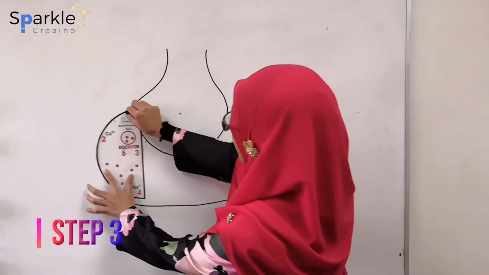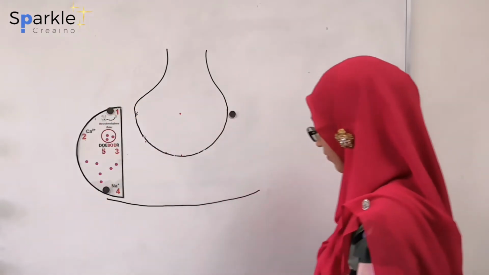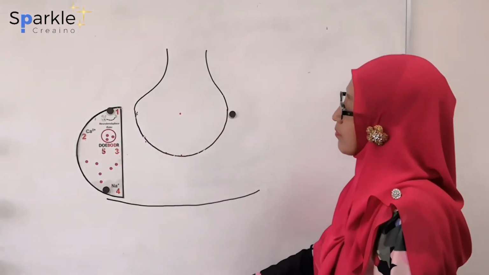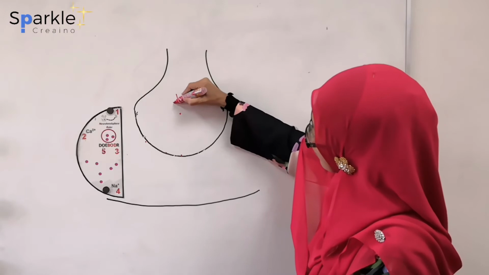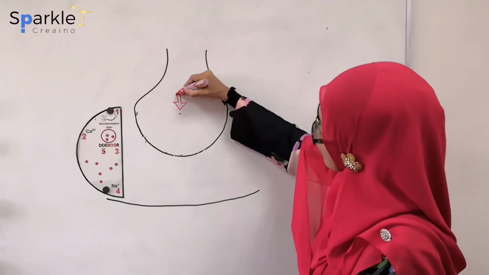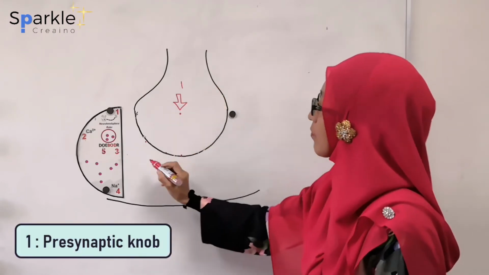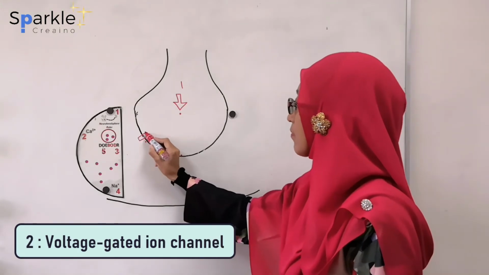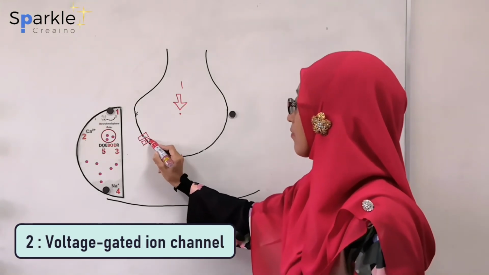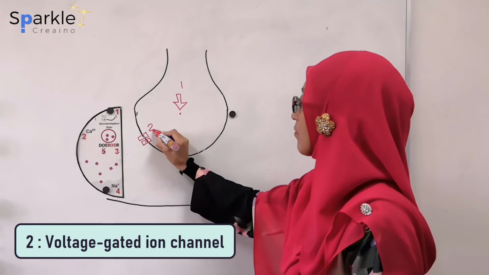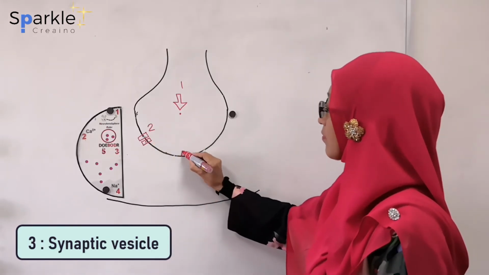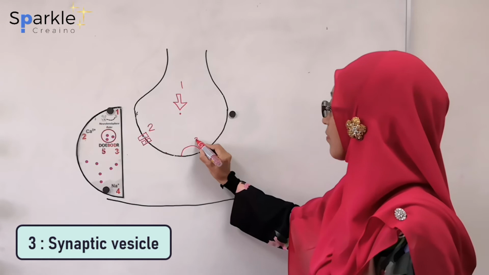Step 3. Put aside the NEUROHEMISPHERE ruler. Draw a symbol for each number. Arrow at point number 1. Voltage-gated calcium ion channel at number 2. Synaptic vesicle at number 3.